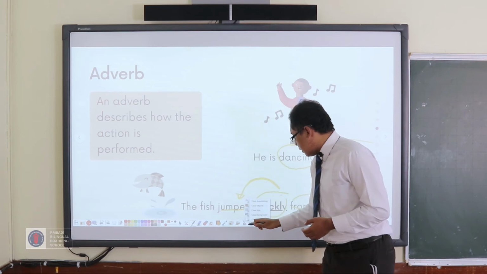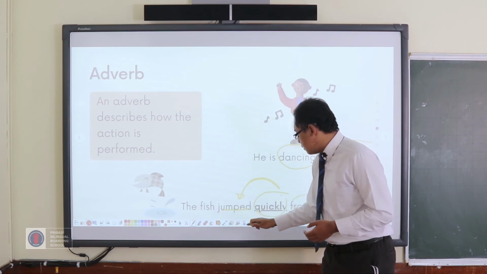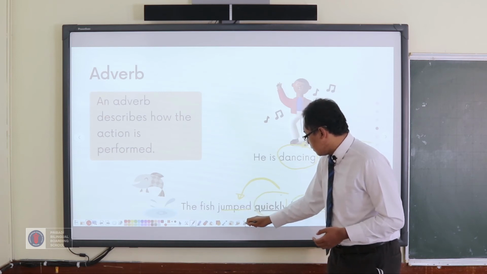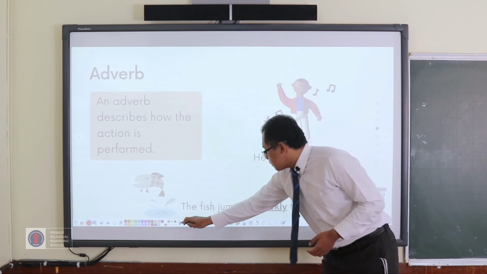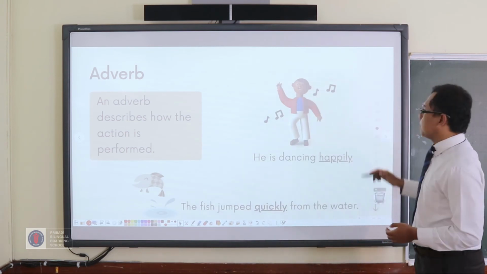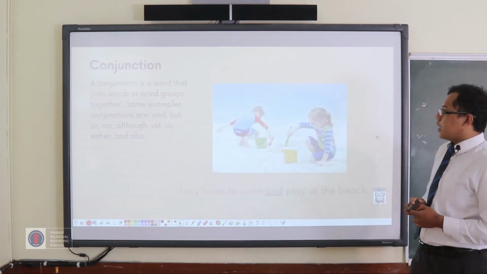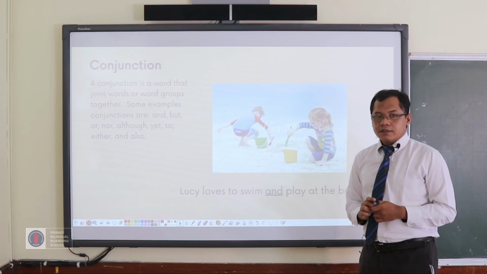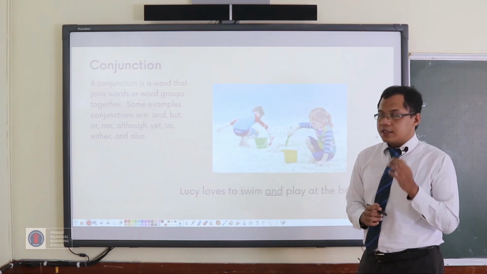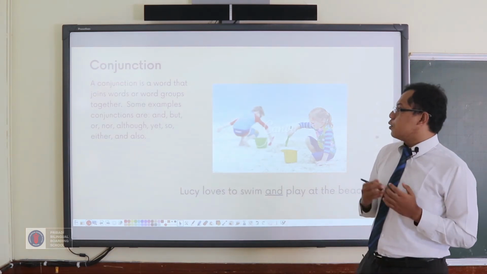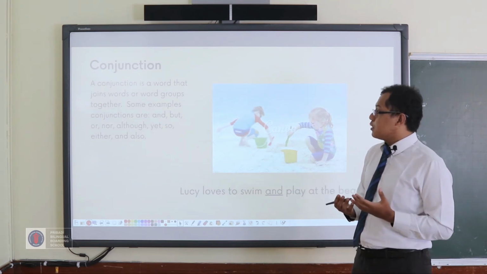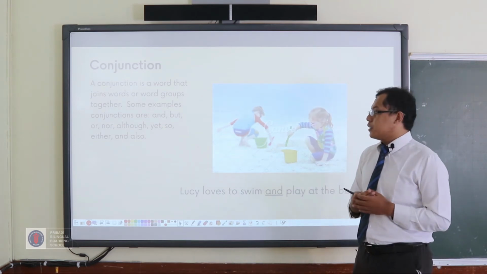Now, let's move on to the next part of speech. I have conjunction. Okay. Conjunction. What is conjunction? A conjunction is a word that joins words or groups of words together.